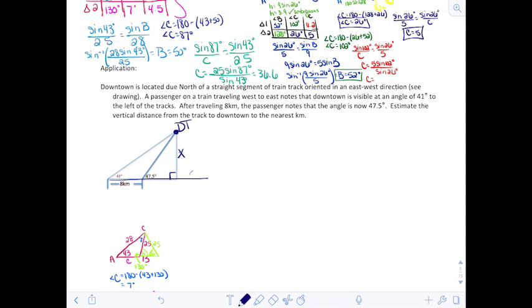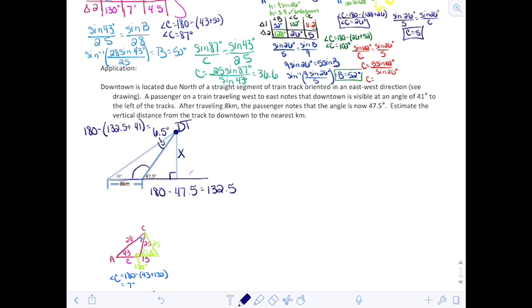But first we need to get some angles in this other triangle. So we're going to start out with this one. We know that 180 minus 47.5 is going to give us an angle of 132.5. And so then to get this smaller angle up here, we would have 180 minus the sum of 132.5 plus 41, and that's going to equal 6.5 degrees right in here.